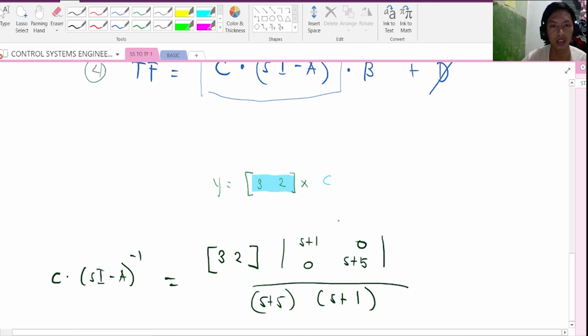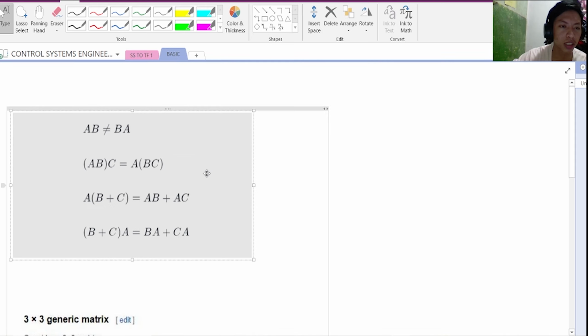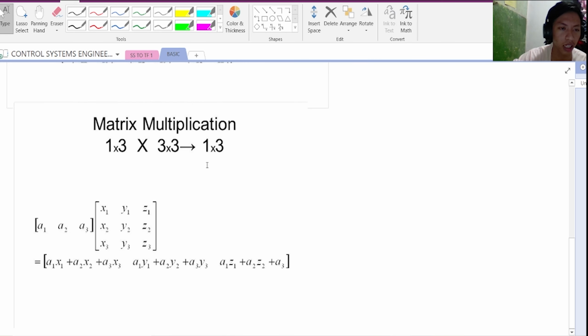What we're going to do here is matrix multiplication. Again, what is matrix multiplication? I'm just again going to use this as our example. As you can see, what we did here is just this one. After that, we add this one.